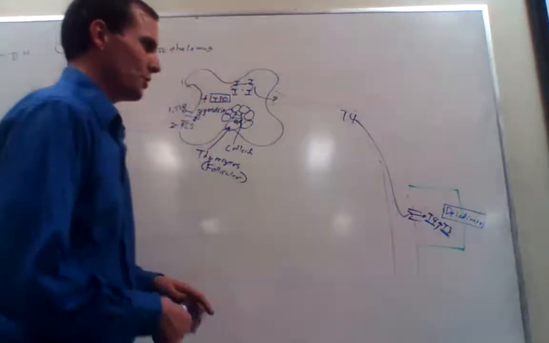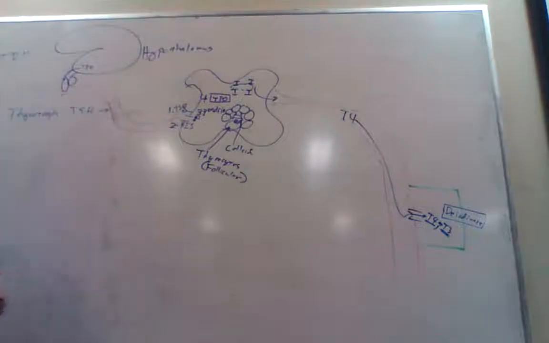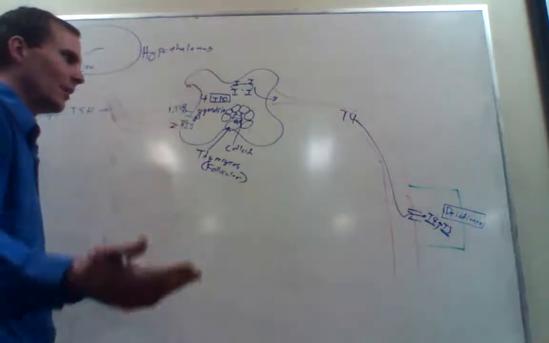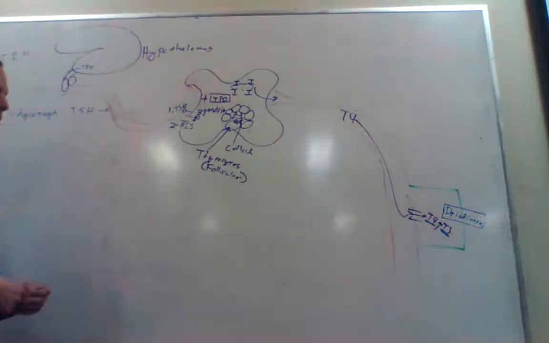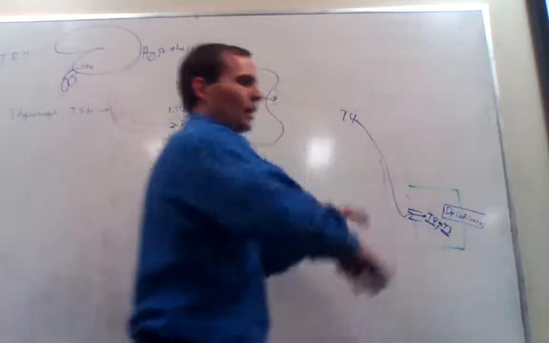However, this regulation isn't perfect, and so if you get a ton of T4 inside of your cells, then the enzyme deiodinase is going to break stuff down whenever it bumps into it. So you can get hyperthyroid by having too much T4. The deiodinase is not going to regulate perfectly how much metabolism boost you get.